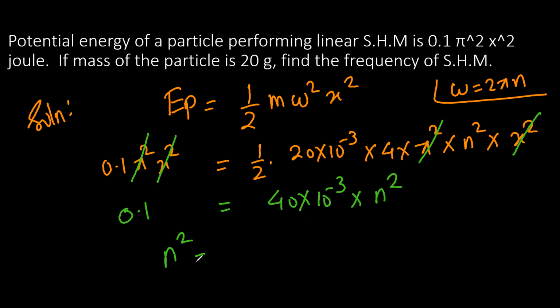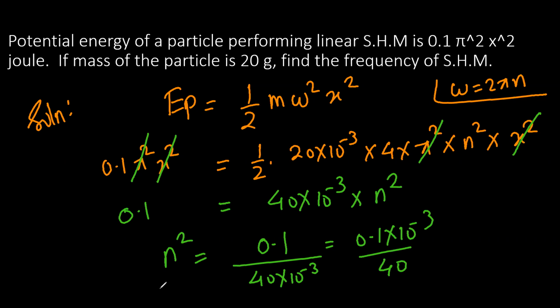What is n square? The n square is 0.1 divided by 40 into 10 raised to minus 3. So if you shift this 10 raised to minus 3 up, this will become 0.1 into 10 raised to 3 and divided by 40. So this is n square. Okay, so let's modify this one.